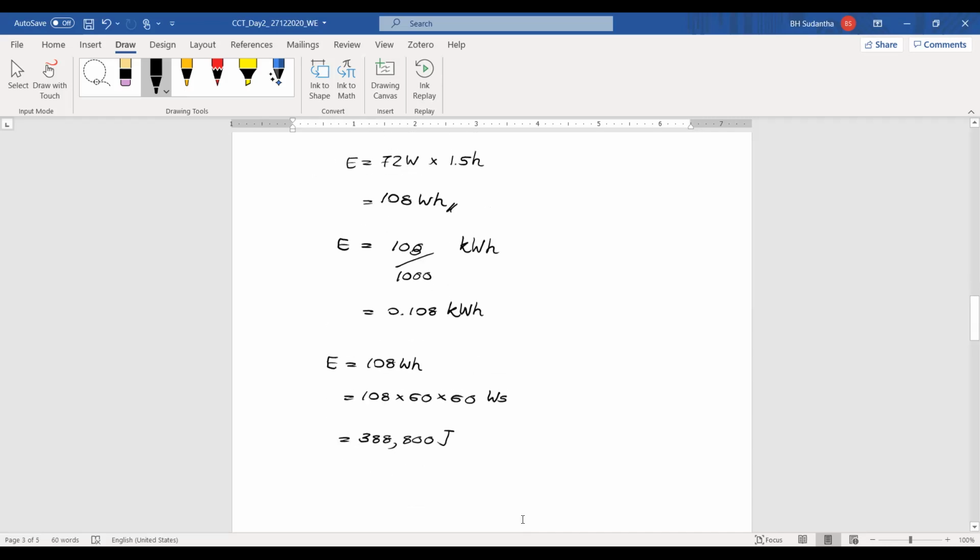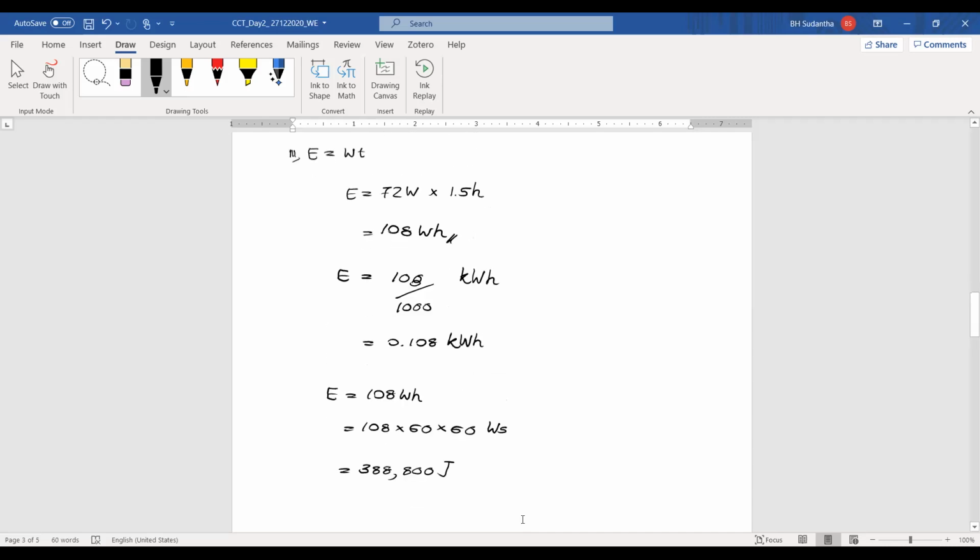Is it okay? It is the same energy measurement, but in three different units.